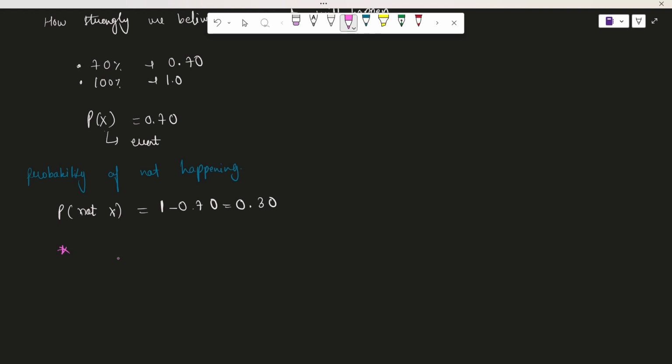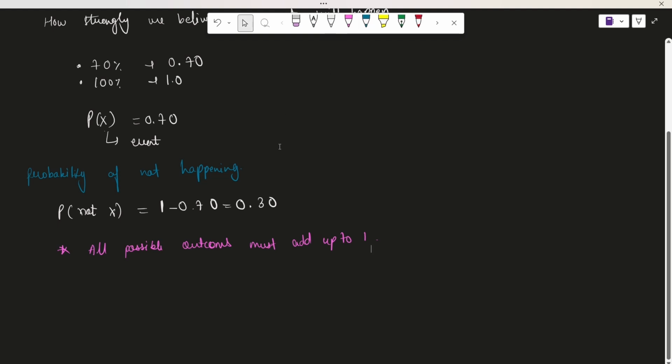An important note we need to remember is that all the probabilities of possible outcomes must add up to 1, and this is valid only for probability, not for likelihood.